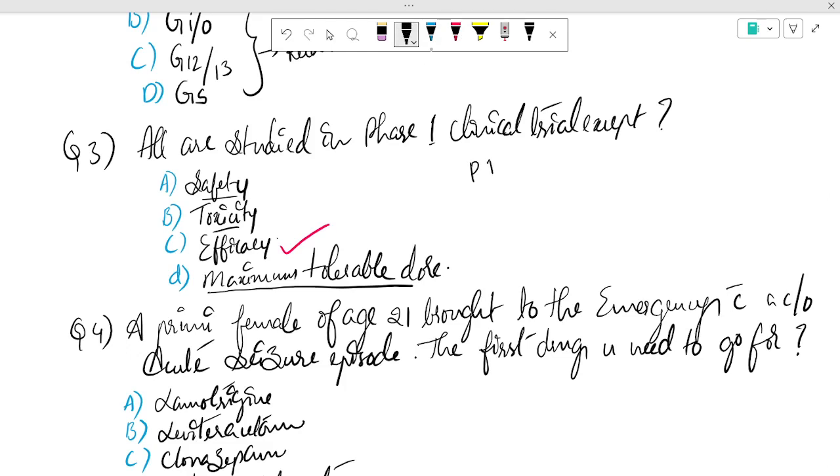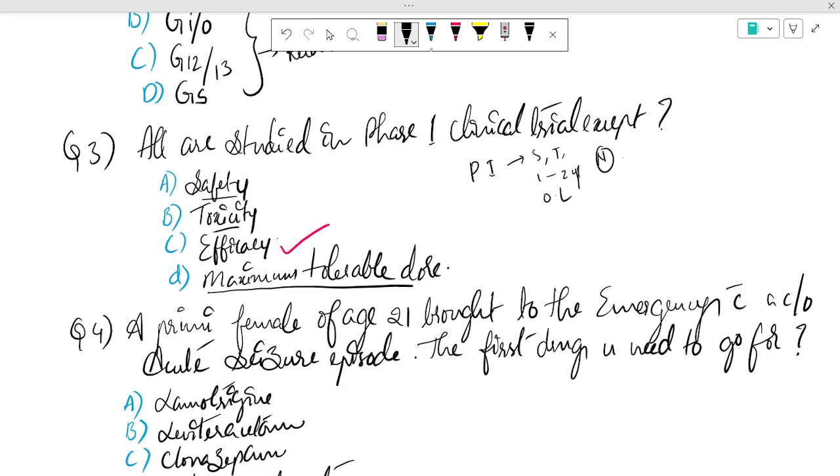You take phase 1, you check safety and tolerability. It's done in 1 to 2 years. It's an open label trial. Then what is the most important thing? It is done in normal, healthy volunteers.